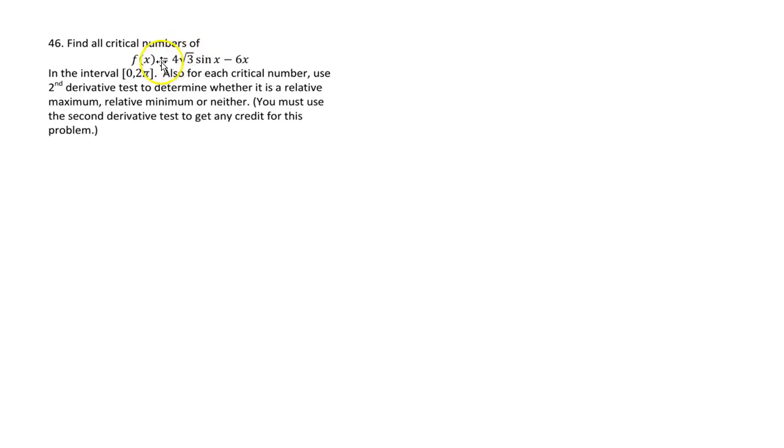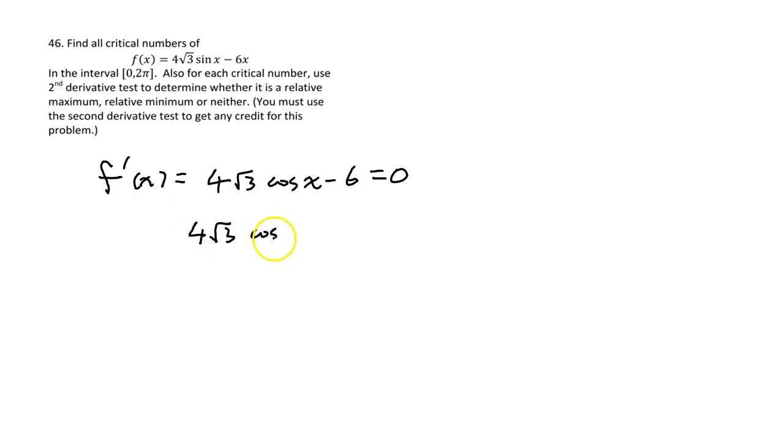Find all critical numbers of this function. F prime of x is 4 radical 3 cosine of x minus 6. Now let's set it equal to 0 because we are looking for critical numbers. So 4 radical 3 cosine of x is 6.